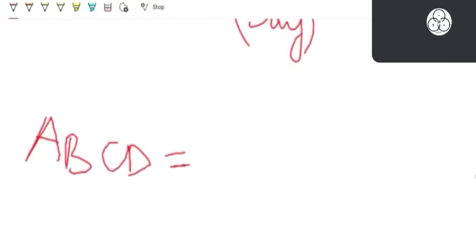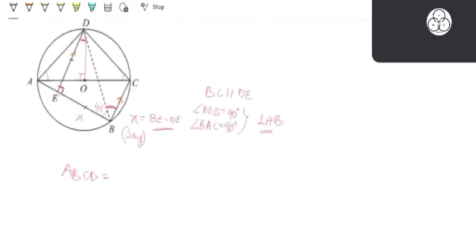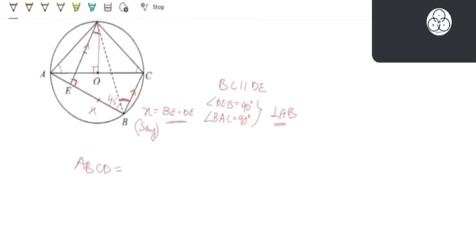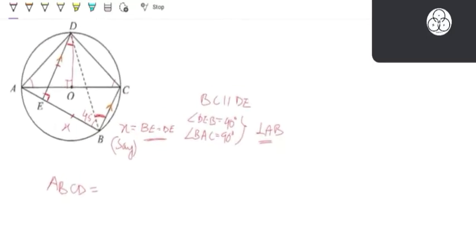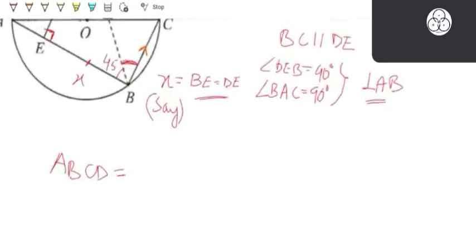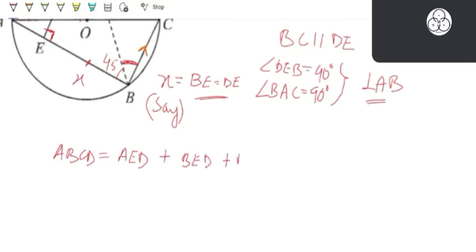Just write area before that. Area of ABCD can be written as area of AED, area of BED, area of BCD. Fine.